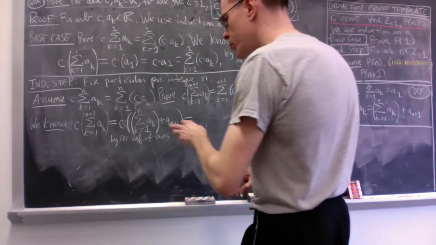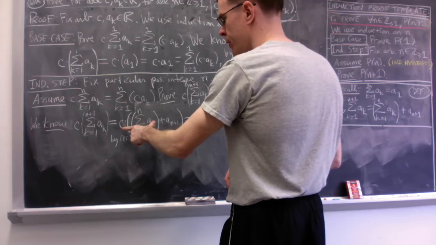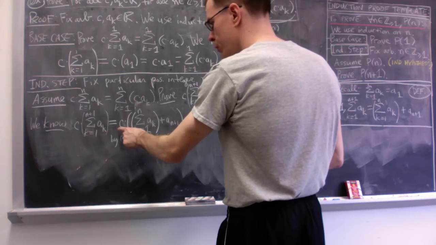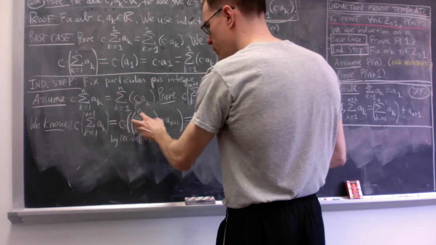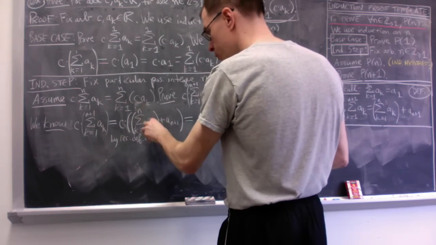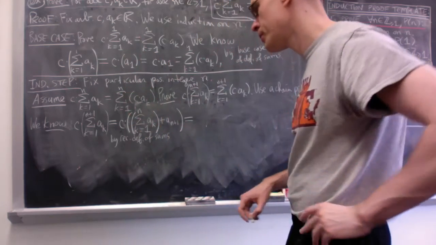So what is this? Okay, let's stop for a second. What is this? This is a number, C, times the sum of two numbers. This sum in the end is just a number, a real number.